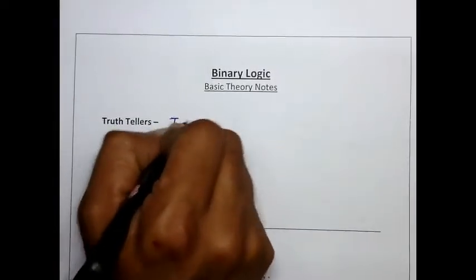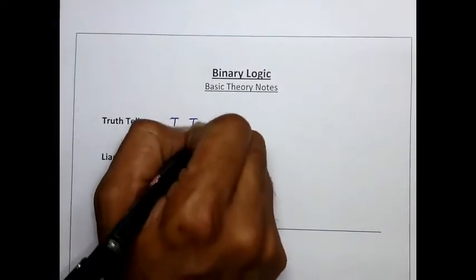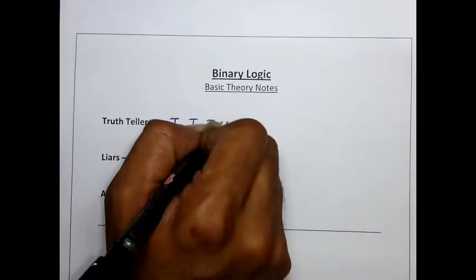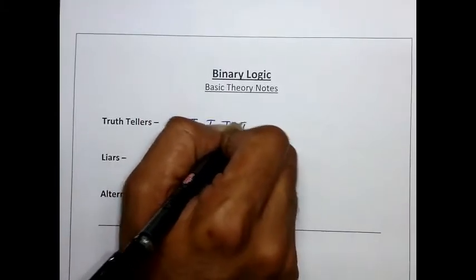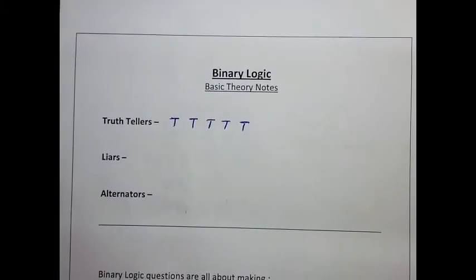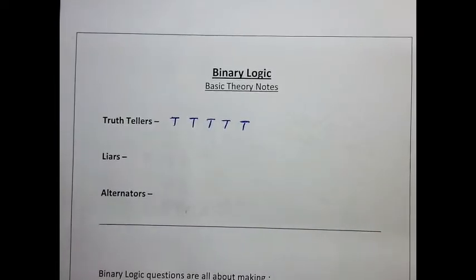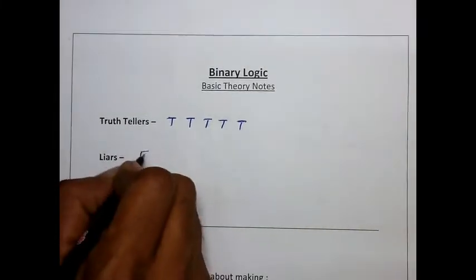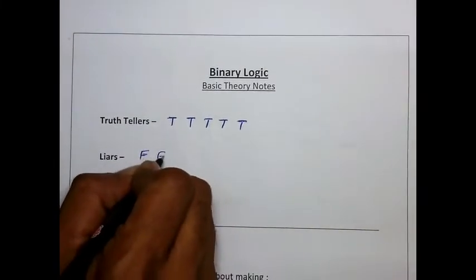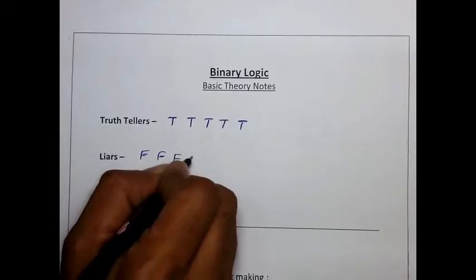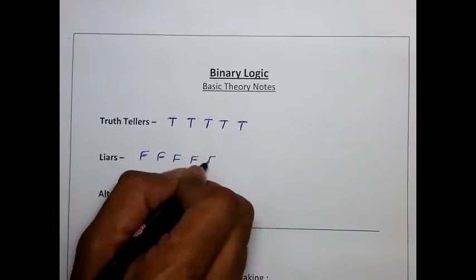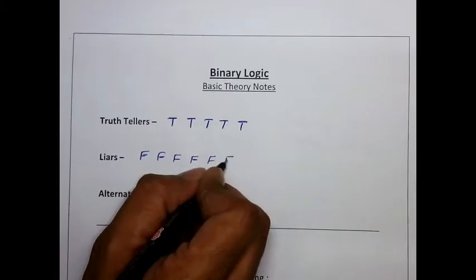All the statements made by a truth teller are considered to be true statements. A liar is a person who is also free to make n number of statements. All the statements made by a liar are considered to be false statements.